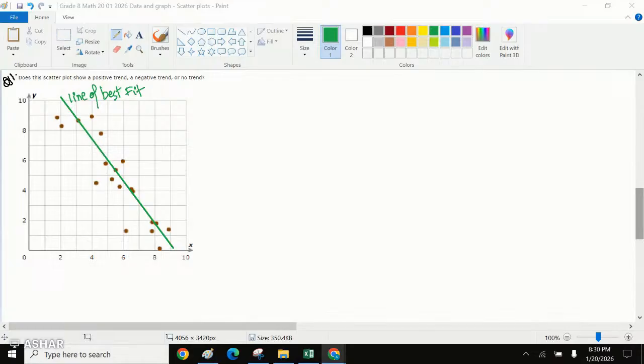So we can see that this line that is going downwards fits the pattern. So we can say that if X was increasing, then Y was decreasing, right?